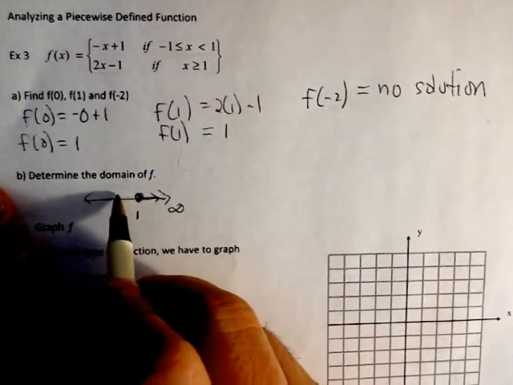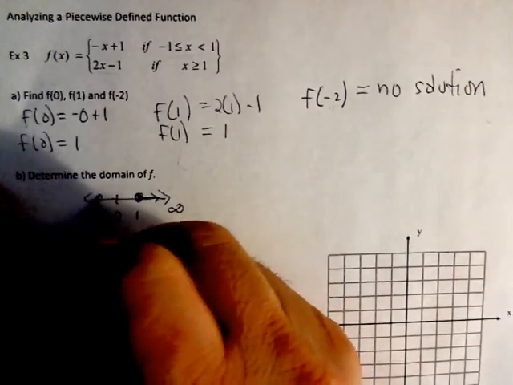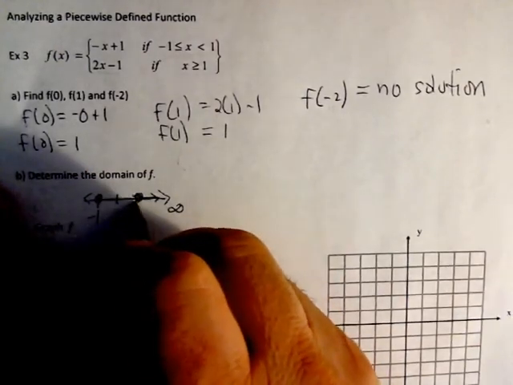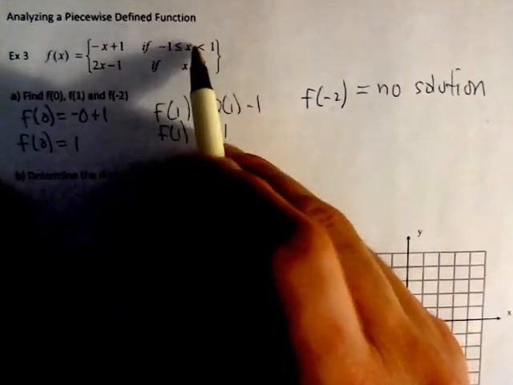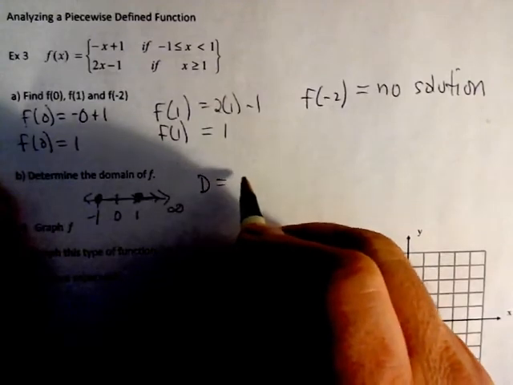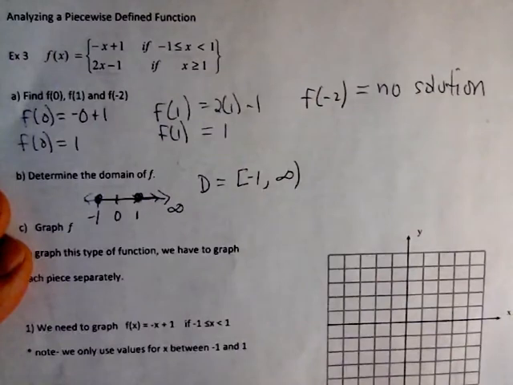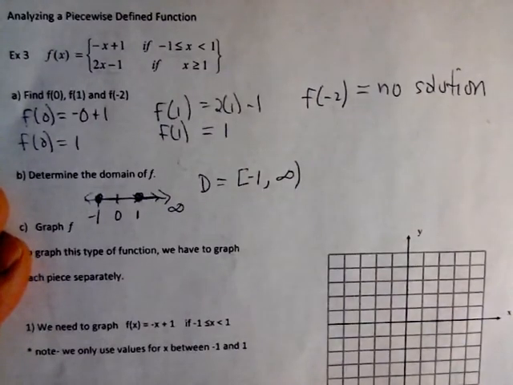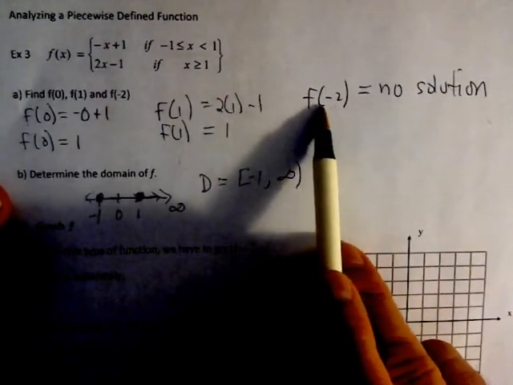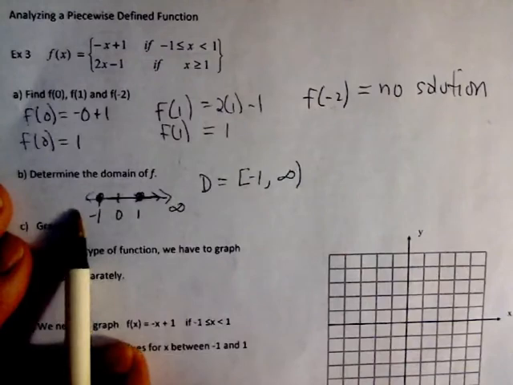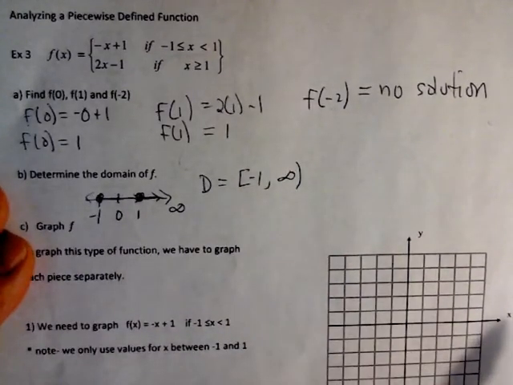Well, it goes up to 1, and I stop at negative 1, and it's also from here to here. So I combine these two together, and my domain begins at negative 1 and goes to positive infinity. Those are the only x values that I can find a y for, that I can substitute into my equation. If you look up here, negative 2 was no solution. Negative 2 is smaller than negative 1. It's down here. So that's my domain.